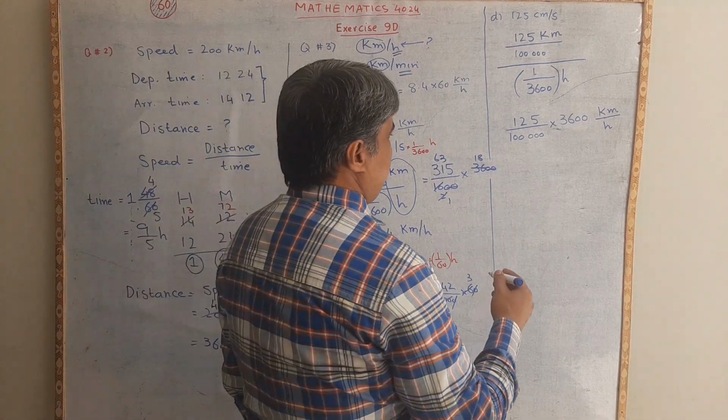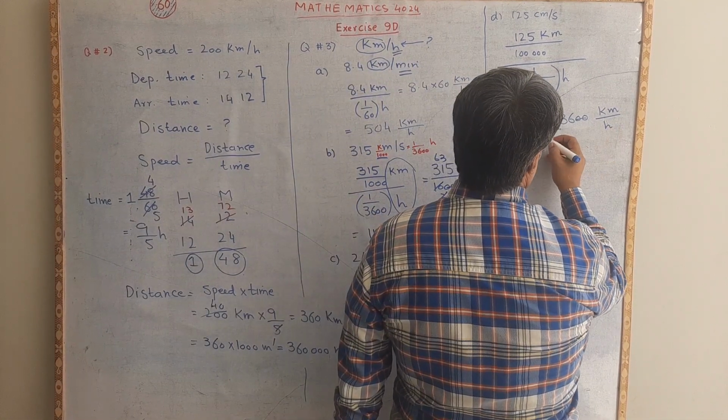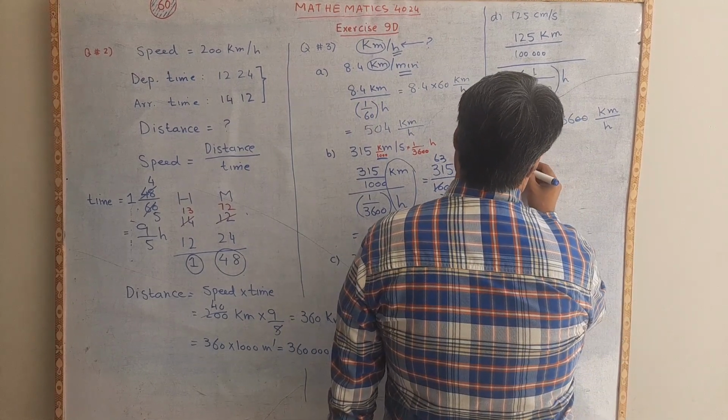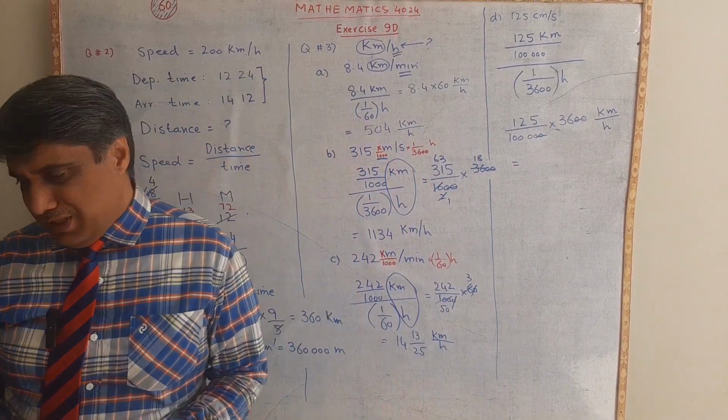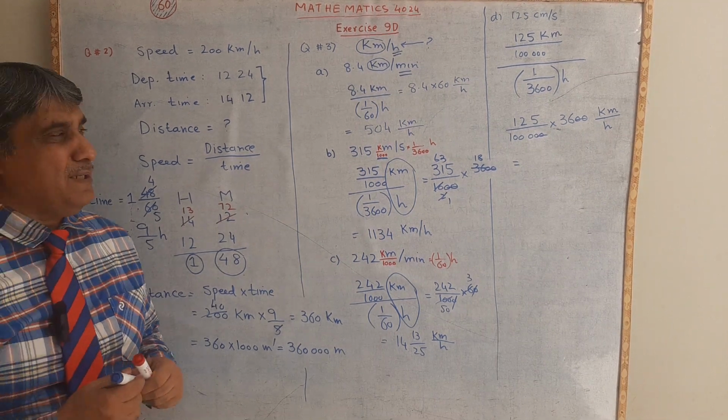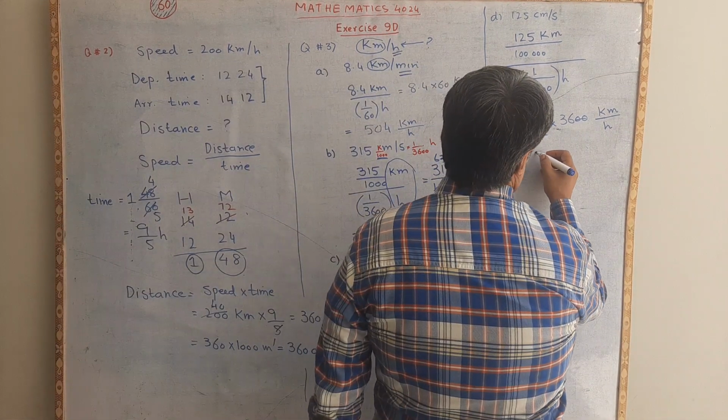So ladies and gentlemen, these two zeros will be cancelled with this one, and then after the whole calculation we will get 4.5 kilometer per hour.